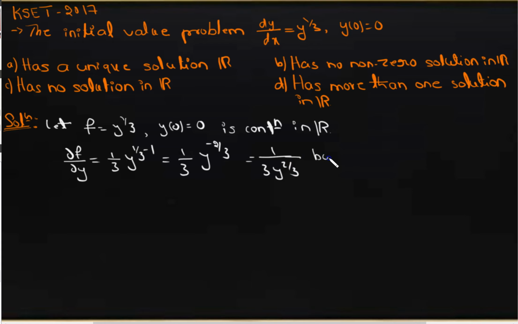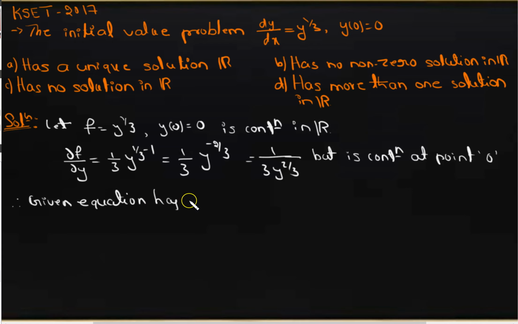But this is not continuous at the point 0. Therefore, the uniqueness theorem fails. It means that the existence and uniqueness theorem fails. Therefore, the given equation has more than one solution. Okay, maybe more than one solution.